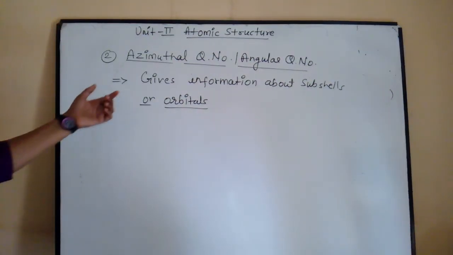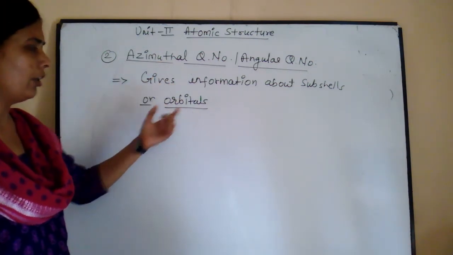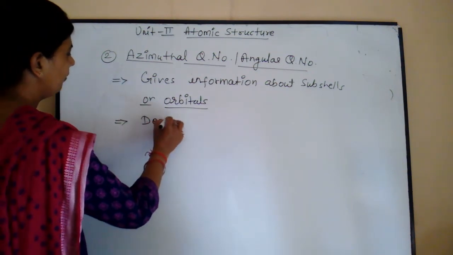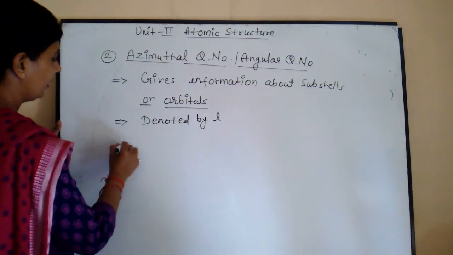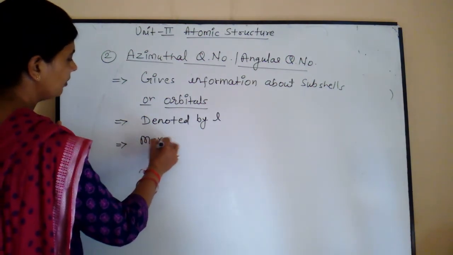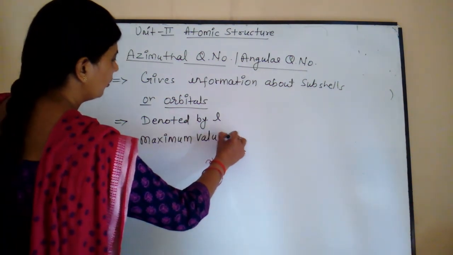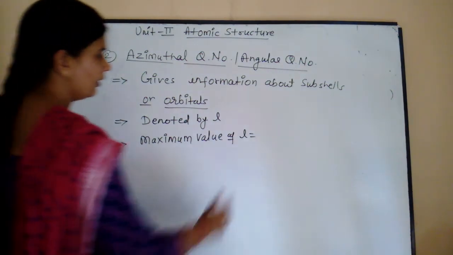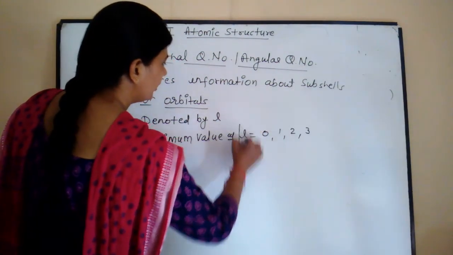The second quantum number, the azimuthal quantum number, gives the information about the subshell or orbitals. It is denoted by l, and the maximum value of l is 0, 1, 2 and 3.